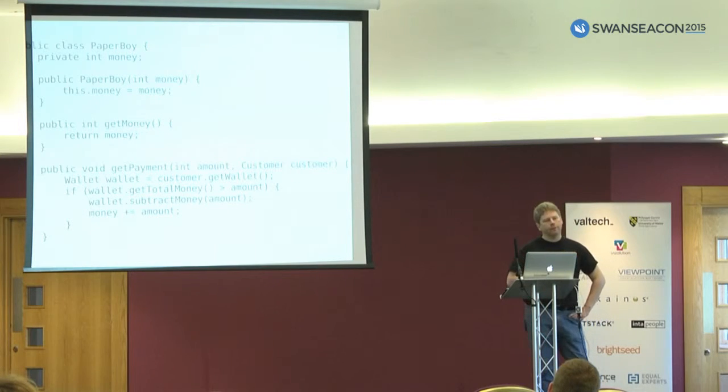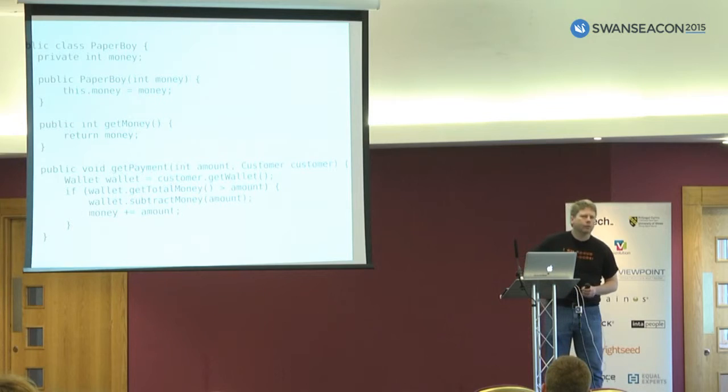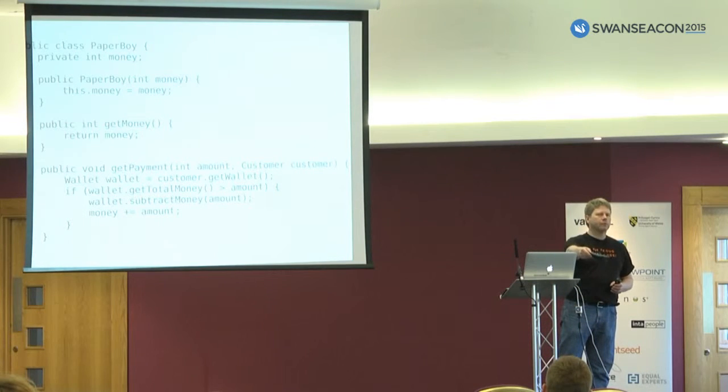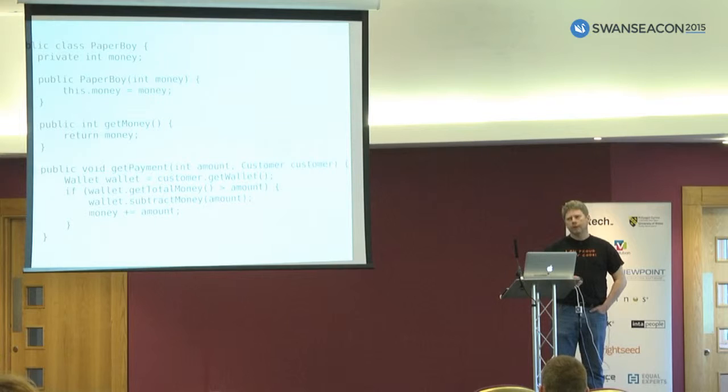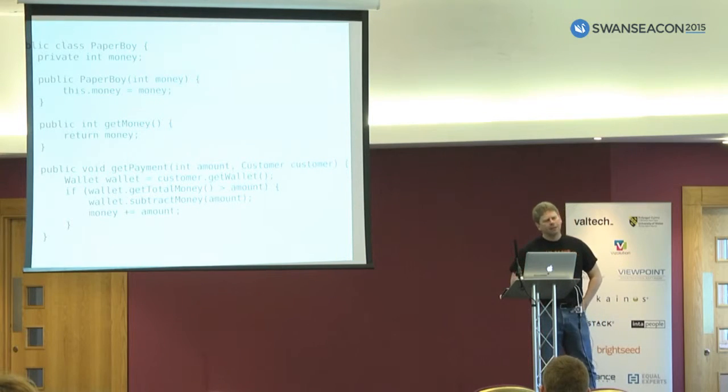And if the wallet contains enough money, then we subtract from this wallet. That is basically handing the wallet to the guy behind the counter: please, take my money, and I'll do something else while you do it. I'll trust you. Would you do that in a store? I guess someone would. I might not.